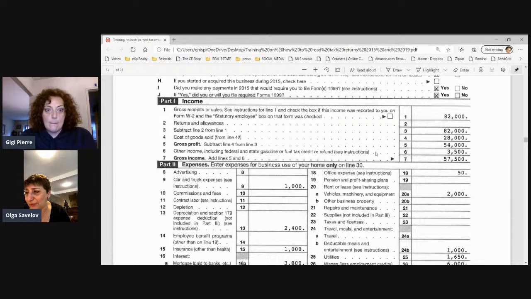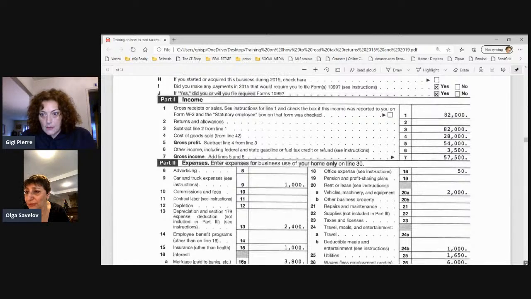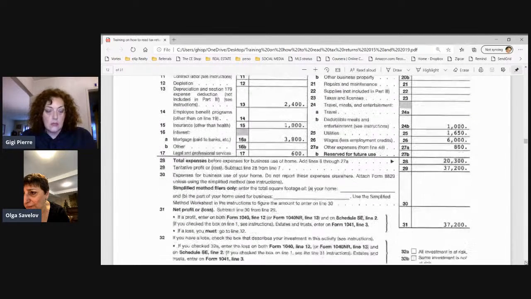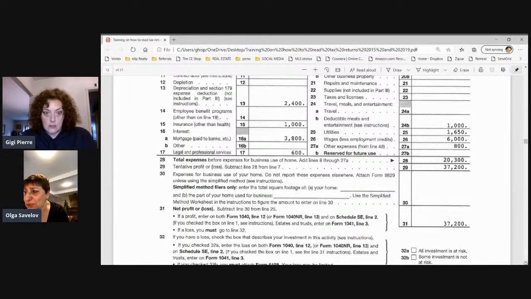And then you have a gross profit of 54,000. Then he has other income of 3,500, so his gross income is 57,500. And then you recap all expenses, which total 20,300. So you have a tentative profit or loss of 37,200.